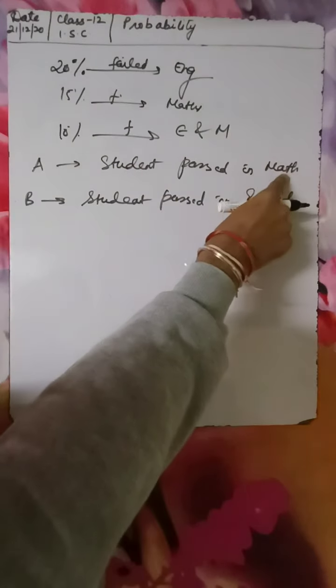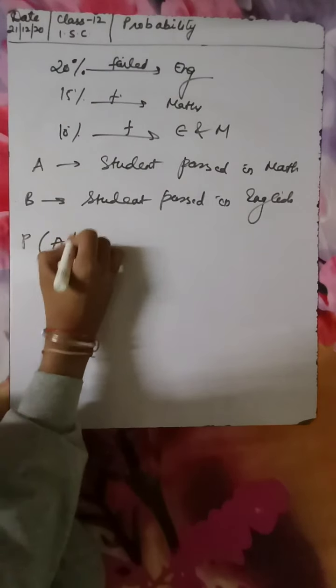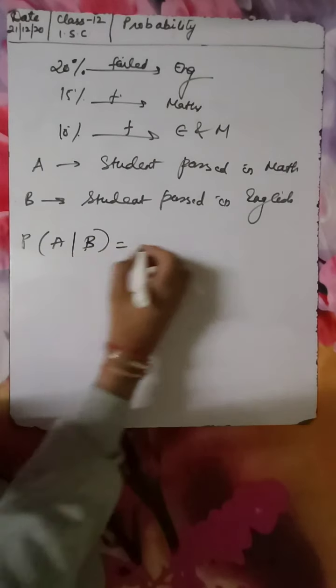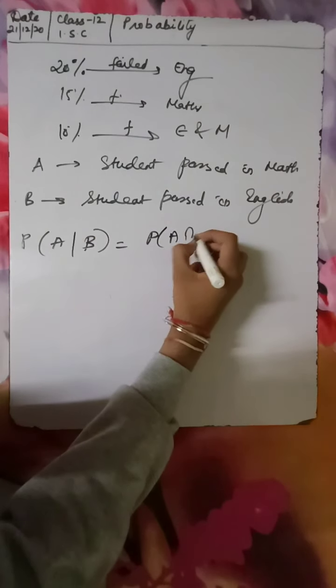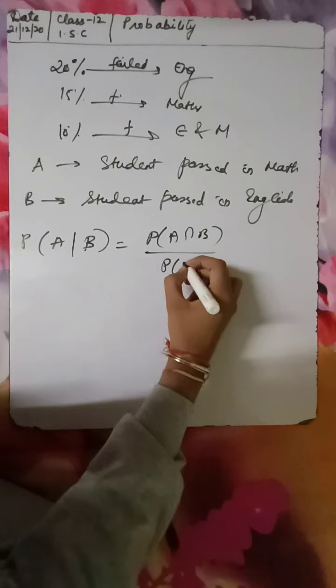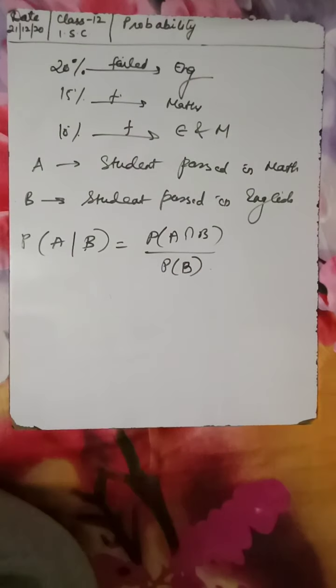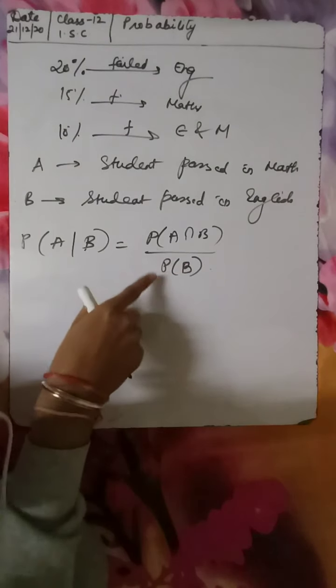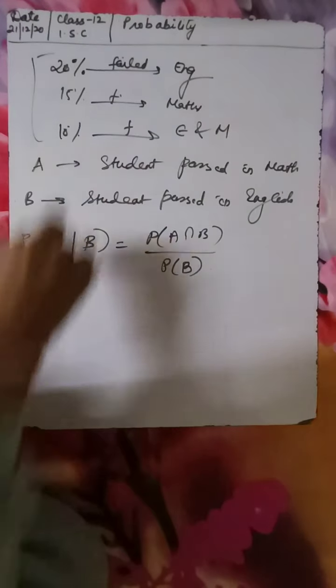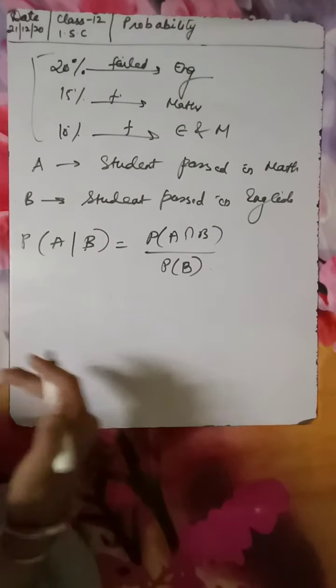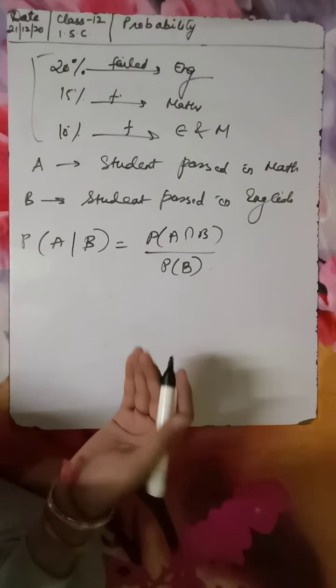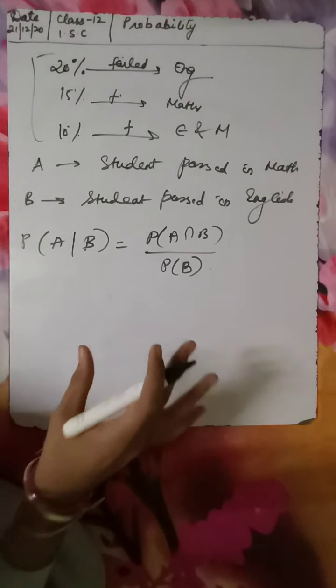We need to find the probability that the student we pick passed in mathematics, given that he passed in English. So the required probability is P(A given B), which is nothing but P(A intersection B) upon P(B). Now these are the cases for the passed ones, and we have the data for the failed ones.